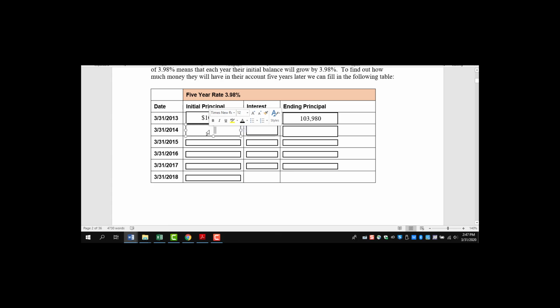Now, at the beginning of the second year, they have exactly what they had at the end of the first year. This is where the compounding comes in. With dollars, right?